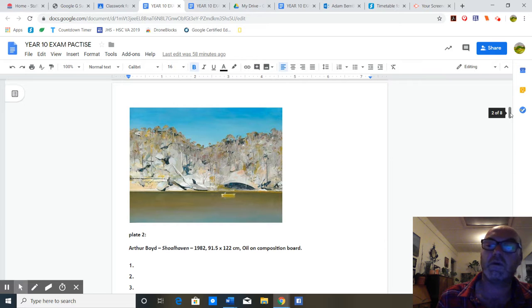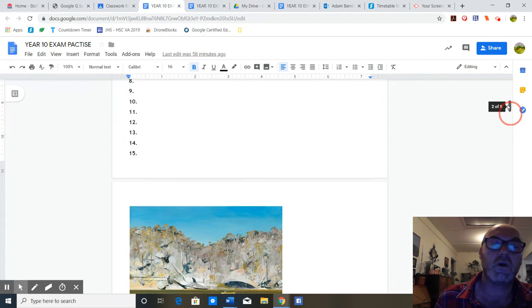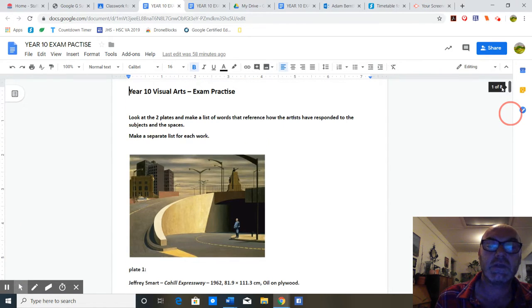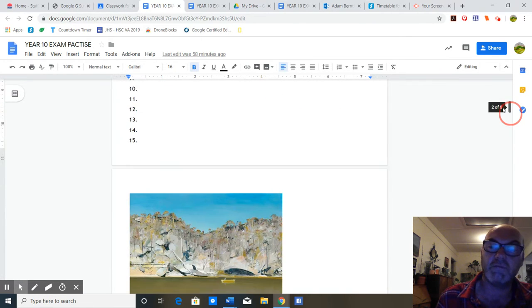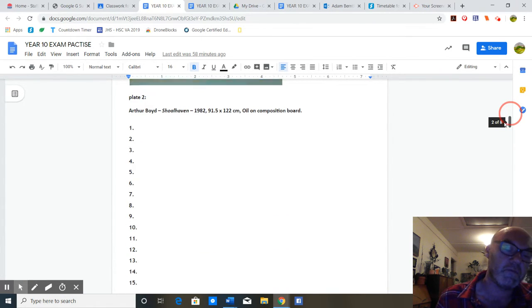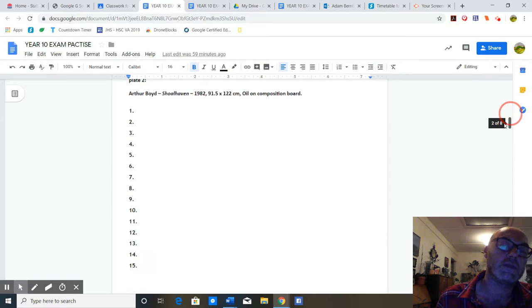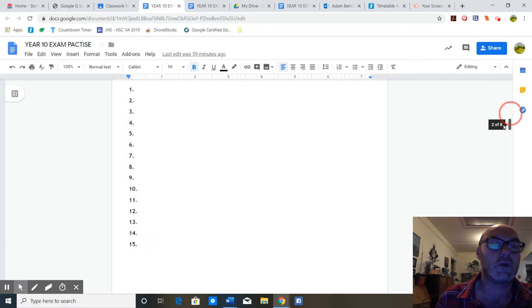Make a list of words that describe how the artist has referenced those spaces and those subjects for both plates. If you can get 15 for each, you're winning. If you can get 10, you're also in a winning seat. If you get 5 or less, you may struggle.